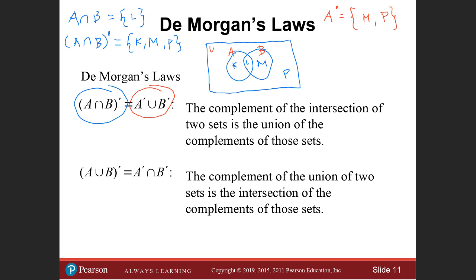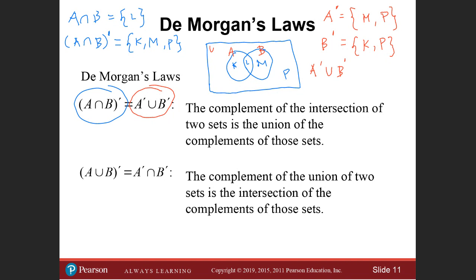And then we have B naught or B prime or B complement. The outside of B would be element K and element P. Okay, and then the next expression would say A complement union B complement.